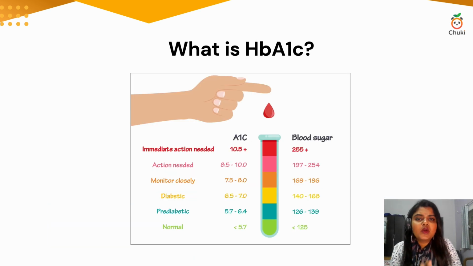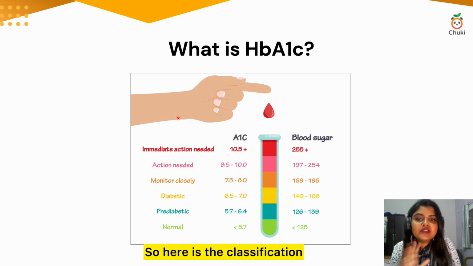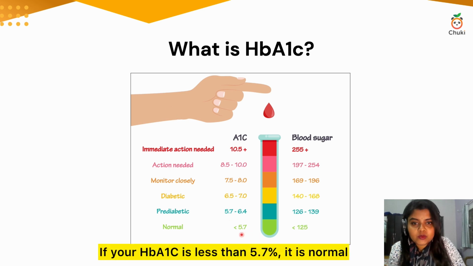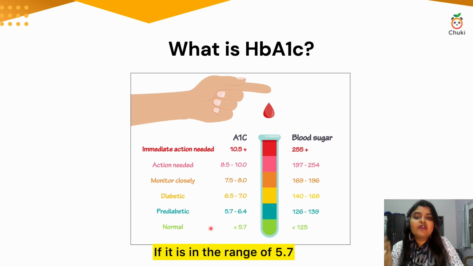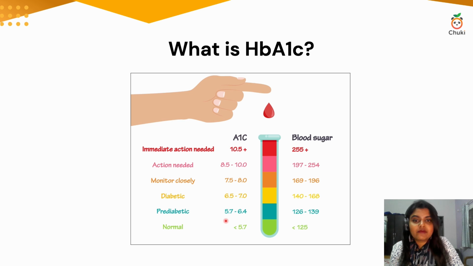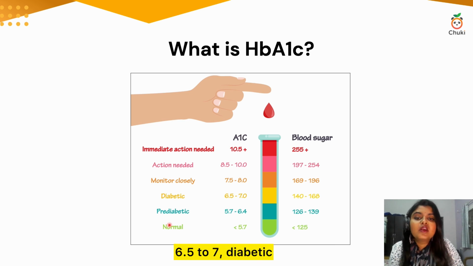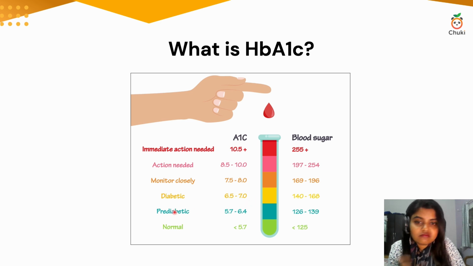So what is HbA1c? A1c measures your average blood sugar levels over the past 2 to 3 months. So here is the classification. If your HbA1c is less than 5.7%, it is normal. If it is in the range of 5.7 to 6.4, you are at risk of a pre-diabetic state. 6.5 to 7, diabetic.